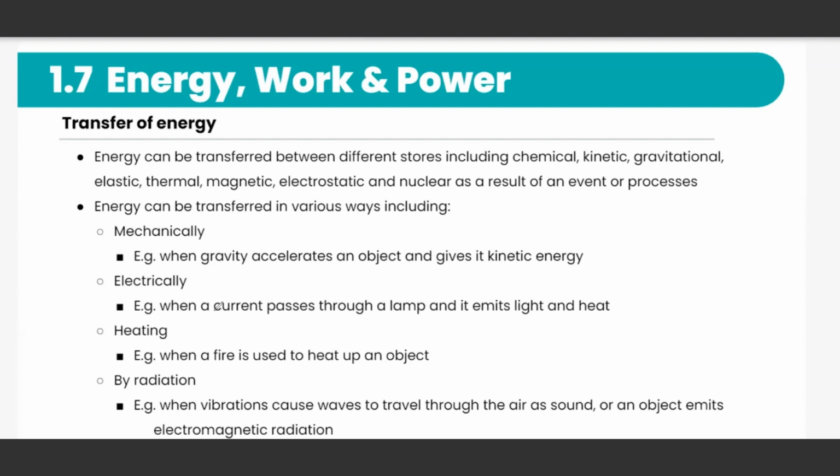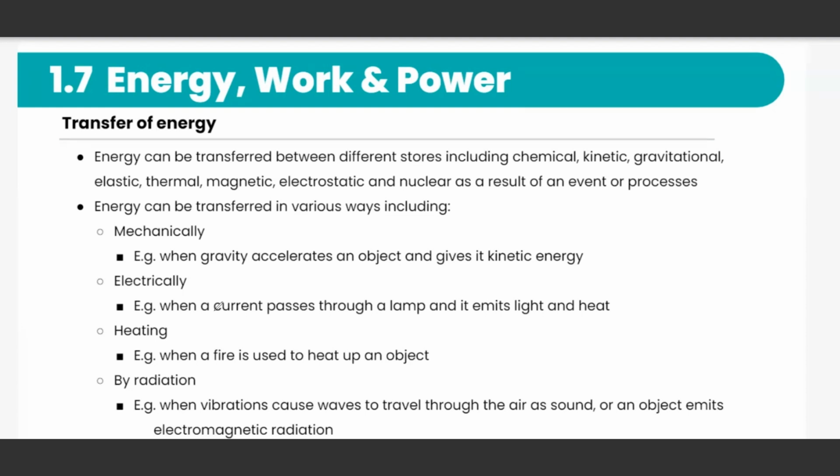Then electrical. Electrical is whenever current is involved. So when a current passes through a lamp and it emits light and heat, that is an example of an electrical pathway. Heating is when a temperature difference is involved. So for example, when a fire is used to heat up an object, that is using a heating pathway.